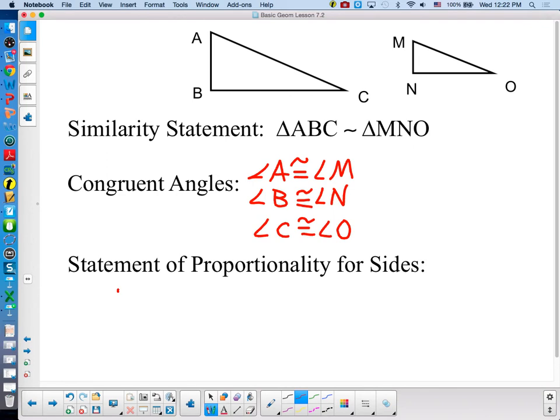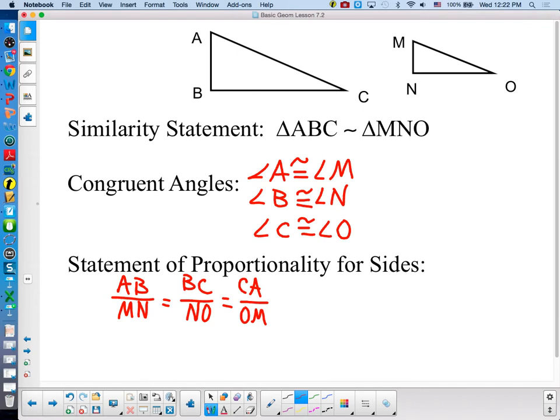Okay, so side AB, it's not that it's going to be equal to MN, it's going to be in comparison to MN. So that ratio will equal side BC compared to side NO and side CA compared to side OM.